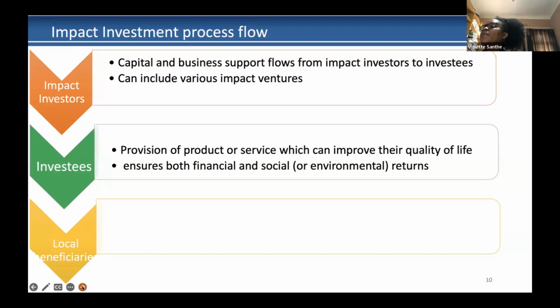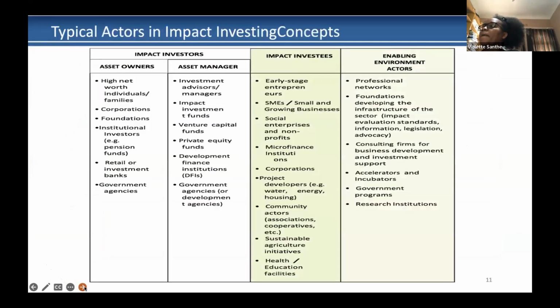So these impact investors can include various impact ventures. The investees' role is to serve local beneficiaries by offering a product or service which can improve their quality of life, thus ensuring both financial and social or environmental returns. Next slide, please.